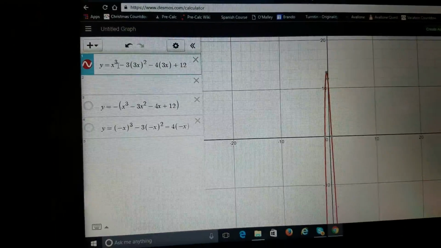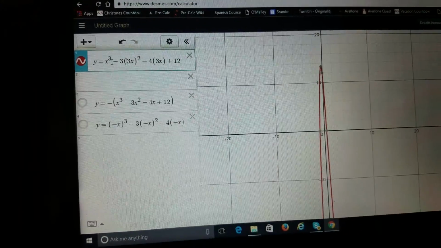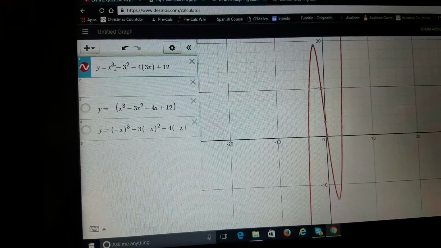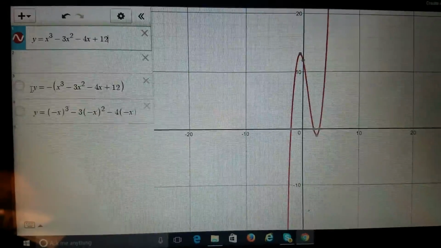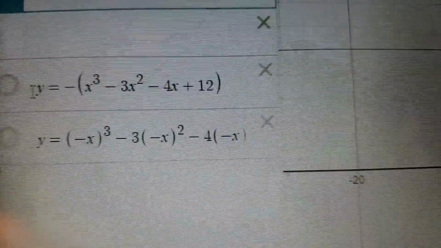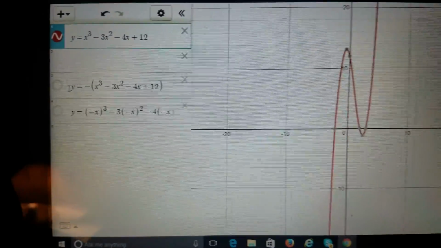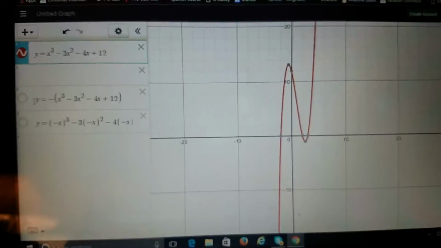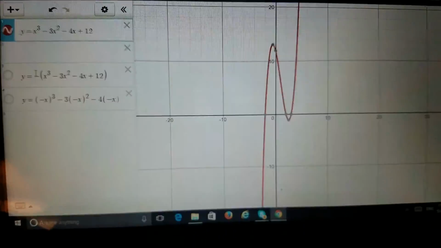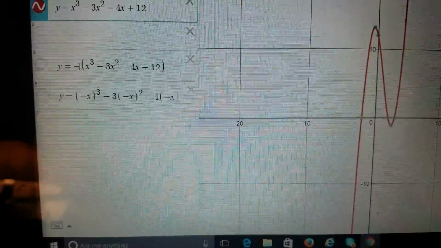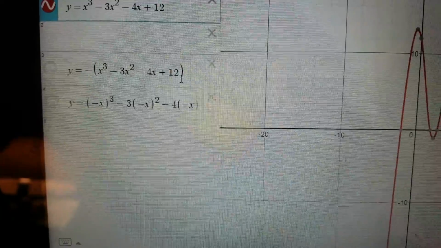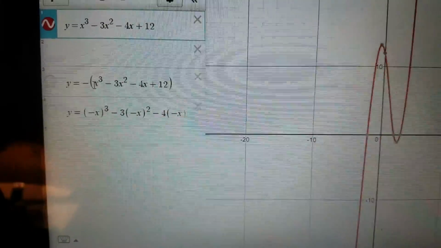Another important point is that any change that we make to this value 12 at the end here will result in a different y-intercept. That's why if we have a coefficient in front of the whole function, clearly the 12 is being negated if we distribute the negative sign.